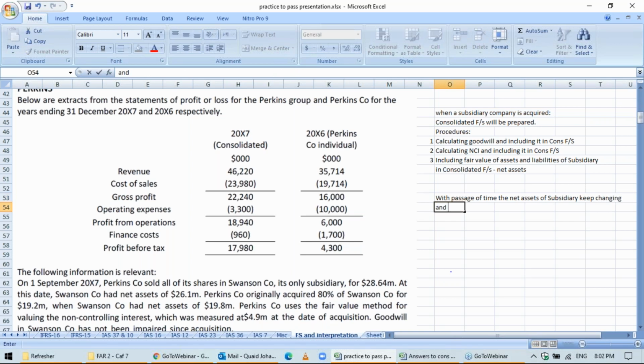And therefore, the consolidated financial statements are adjusted for it. Now, what happens when a subsidiary company is sold? Suppose we sell shares in a subsidiary company and we lose control. So we sell all of the shares and we lose control. What will happen? If all shares held in a subsidiary company are sold, what happens?